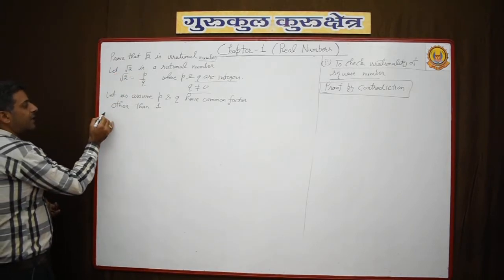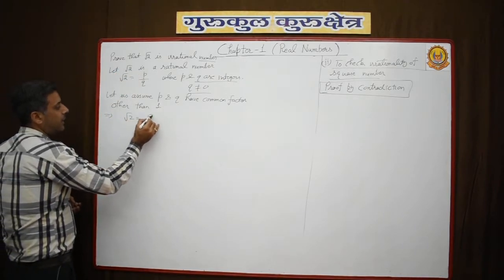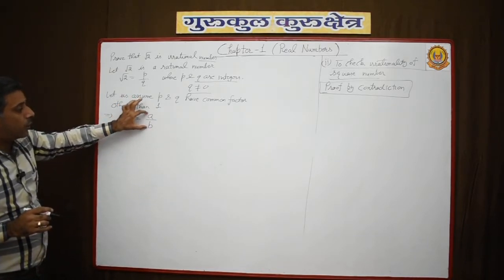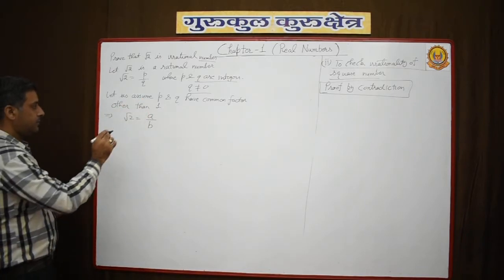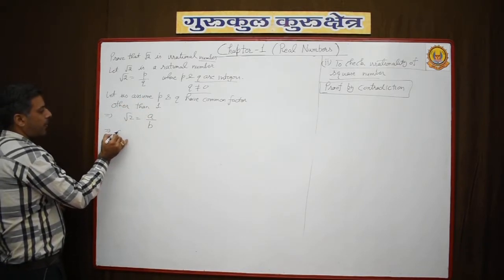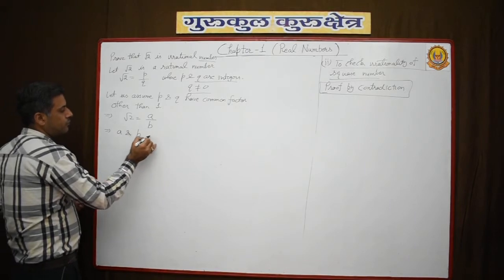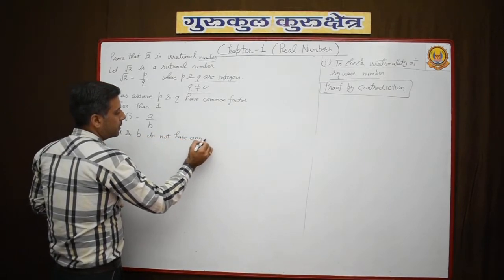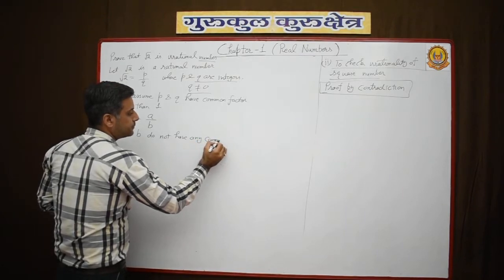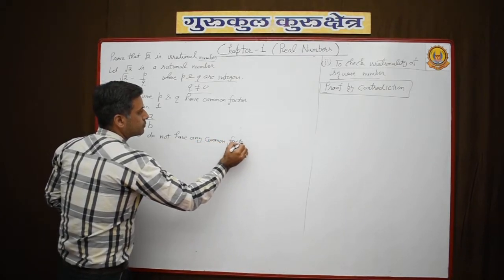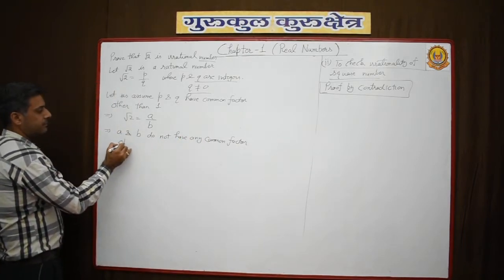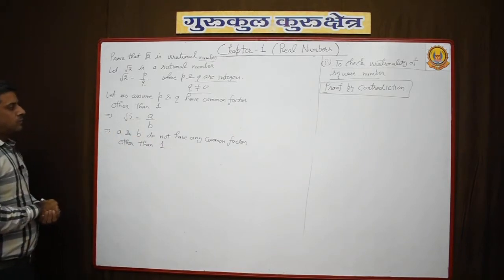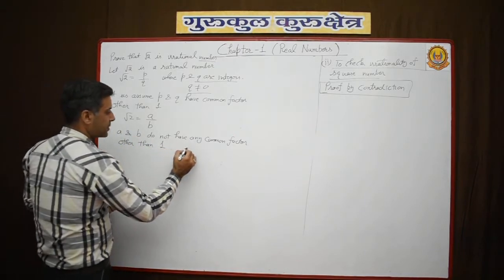Now I will get another form a by b, because now these two numbers don't have any common factor other than 1. So it means a and b do not have any common factor other than 1. So this is our first equation.